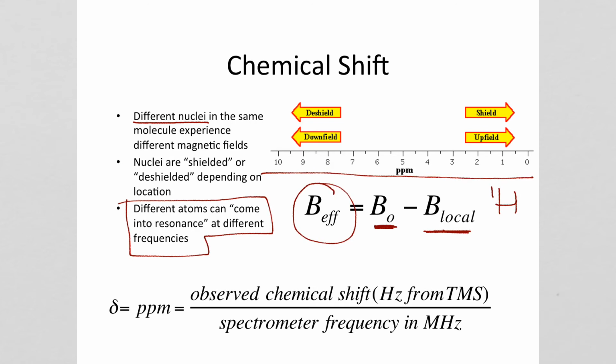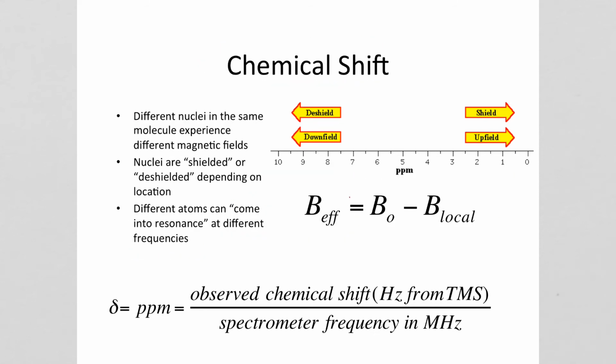When physicists saw this, because it was due to the structure of the molecule, they decided to call it chemical shift. Different nuclei are referred to as being shielded or deshielded depending on their location, and that affects where they absorb.